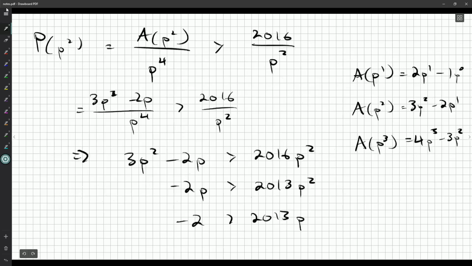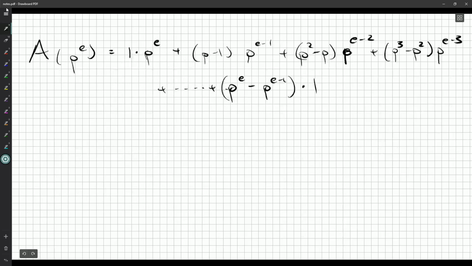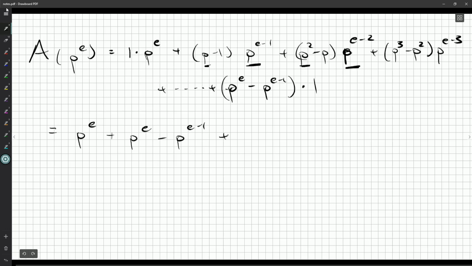Does that track with what we saw before? Yes. Okay, and it tracks, so that would be a GCD of p to the 0. So yes, okay, it all works with our formula. So it's going to be 1 p to the e, and then a bunch of these are going to be, so the p here and the p to the e minus 1 give me a p to the e. The p squared and the p to the e minus 2 combine to give me a p to the e. And then once again, we're sort of left hanging with one factor omitted.